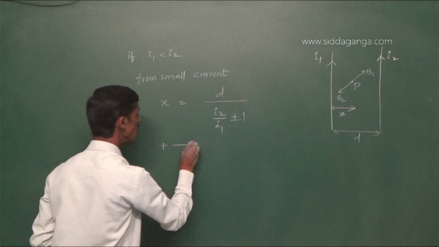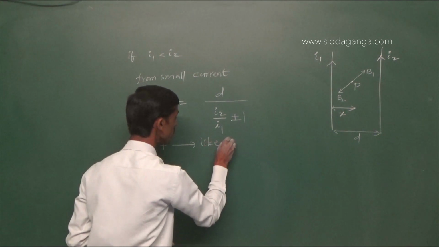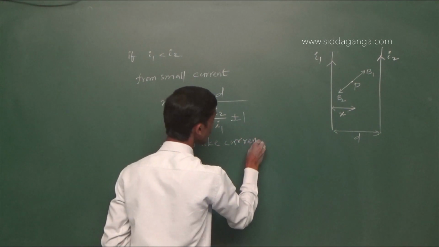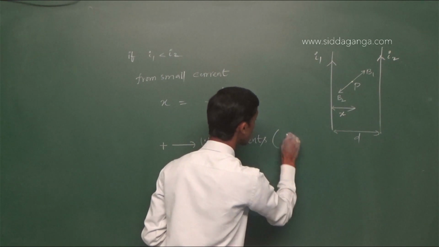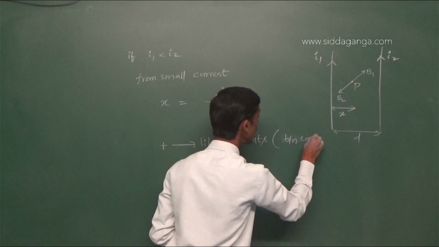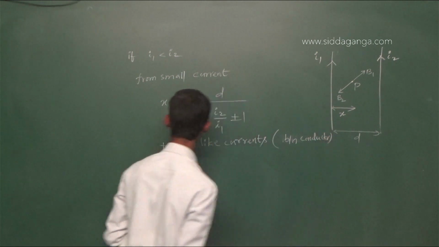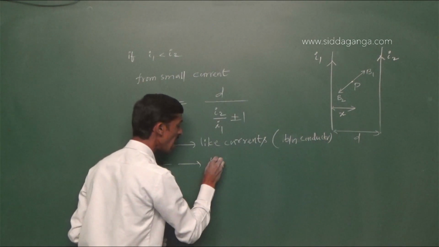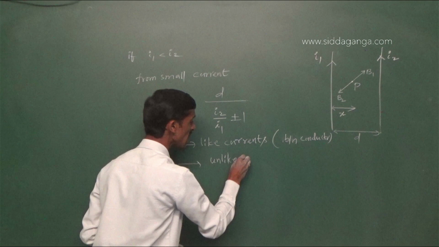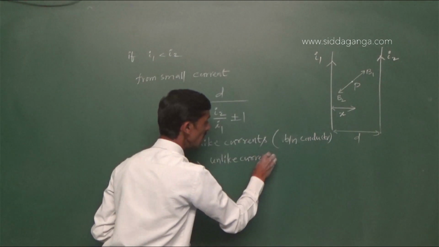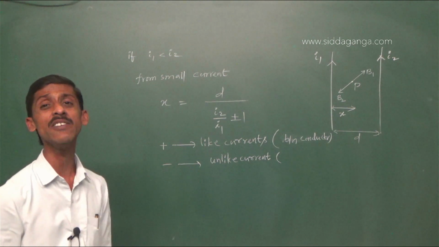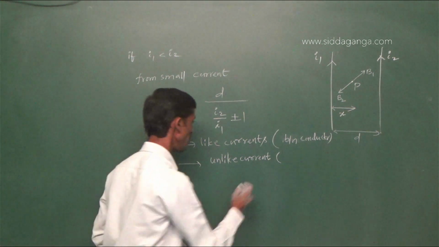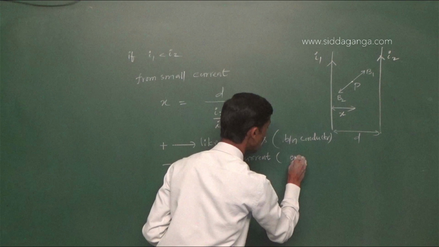Use plus for like currents, meaning if the direction of the current is the same, the point comes between the conductors. If the currents are unlike, the directions of the currents are opposite, then the neutral point will be outside, that is also always from the smaller side. So outside of the conductors.